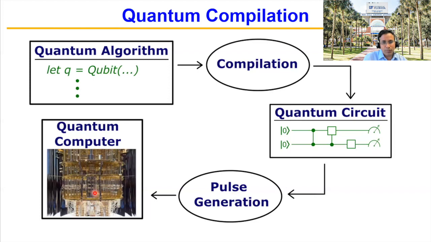That's for a software program. For hardware, you have a VHDL or Verilog description. You compile it into a gate-level or RTL netlist, and then pulse generation is similar to creating a gate-level netlist or circuit or layout representation, which you then fabricate as an ASIC.